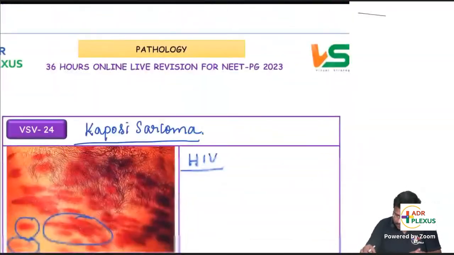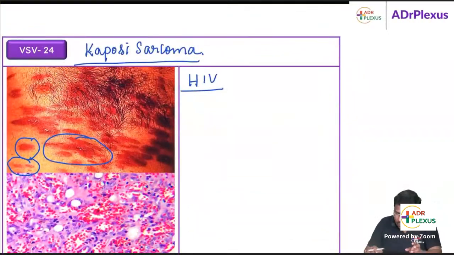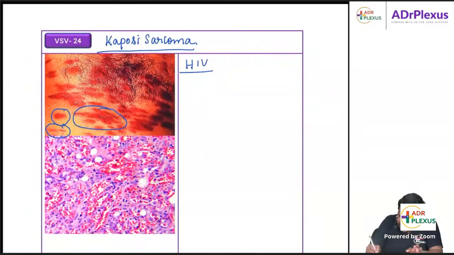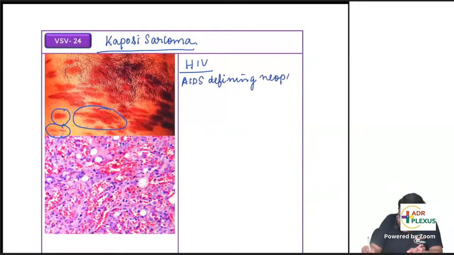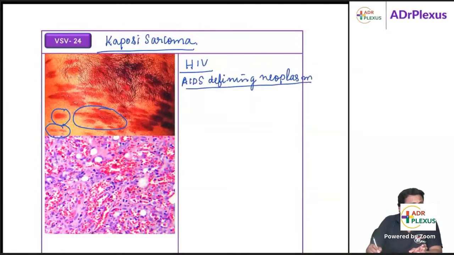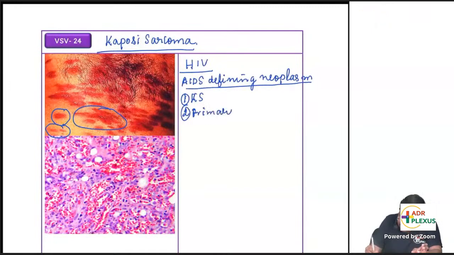Kaposi sarcoma. Please remember, in HIV, Kaposi sarcoma is an AIDS-defining neoplasm. Now I will be asking you one question. What are the other AIDS-defining neoplasms? One is Kaposi sarcoma. The second one is primary CNS lymphoma.